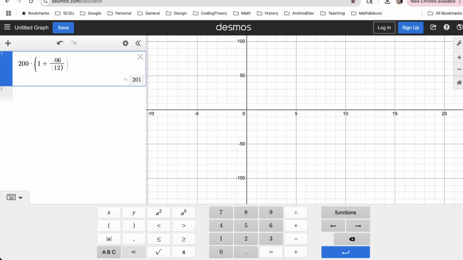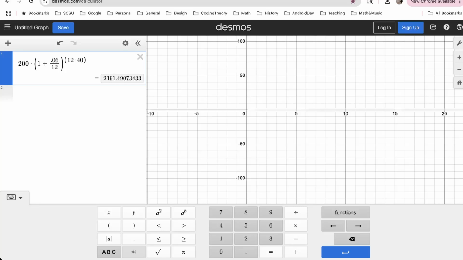That whole thing is raised to a power, which is 12 times t. In our case, that is, and more parentheses that you might not think you need to put in, 12 times 40.